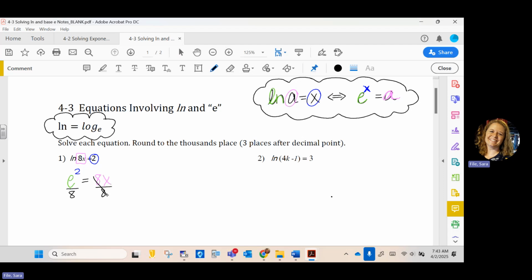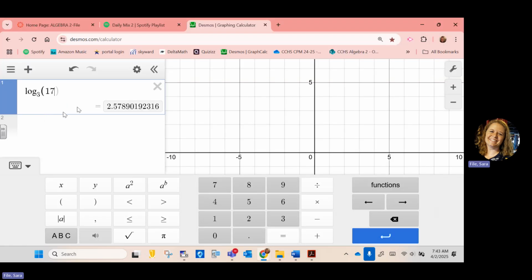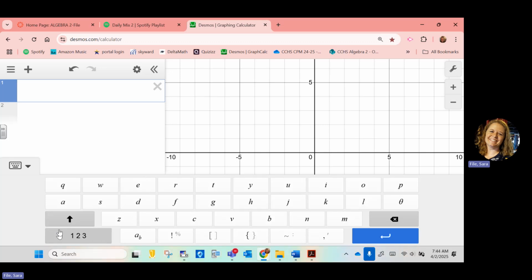Now again, this just becomes a Desmos question. They want us to solve in Desmos. We would go and just type in e squared divided by 8. You can do that by typing in an E on your keyboard or going to the ABC button here and getting E right here. So E squared, make sure you get out of the exponent and hit divided by 8.